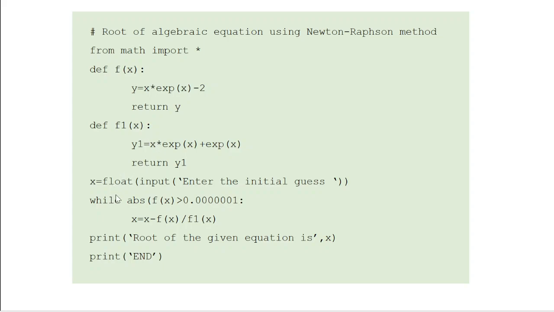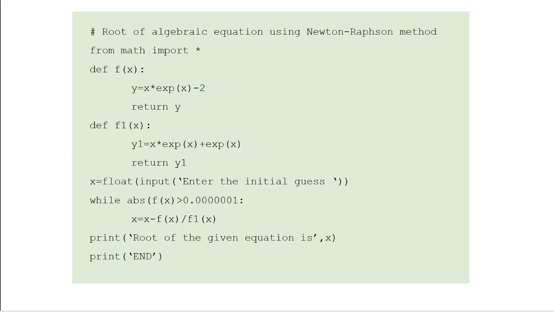Now I need my initial guess, so I ask the user to input the initial guess. I input it as a float number. Now I need to perform the iteration. How do I determine the number of iterations? I know that when I reach the exact solution, f of x will be equal to 0.